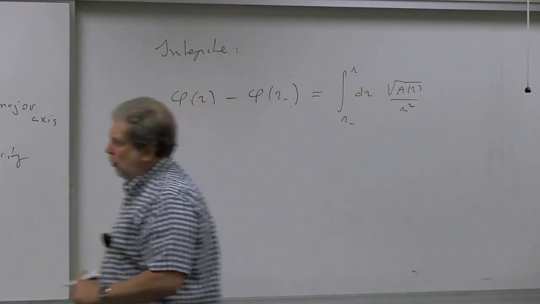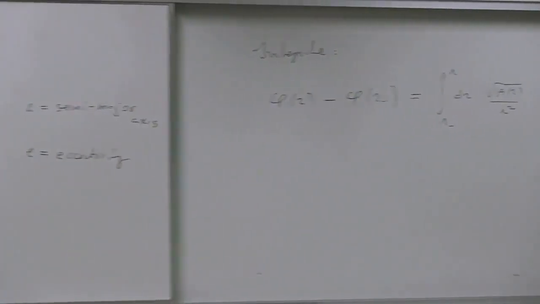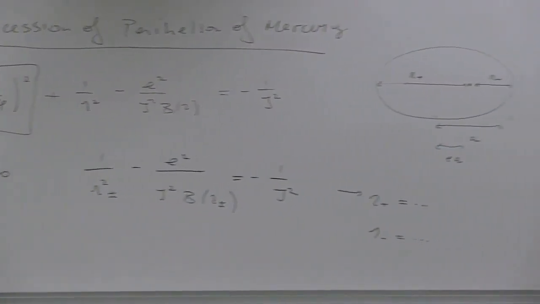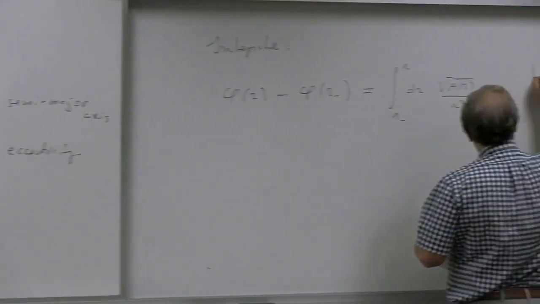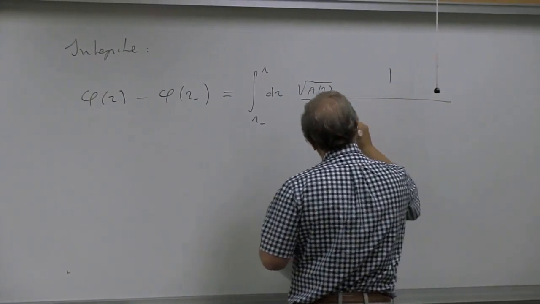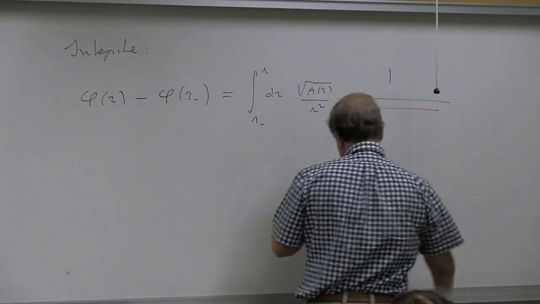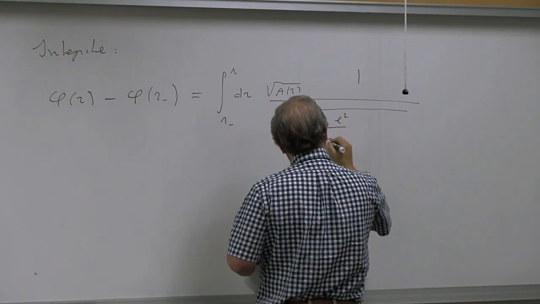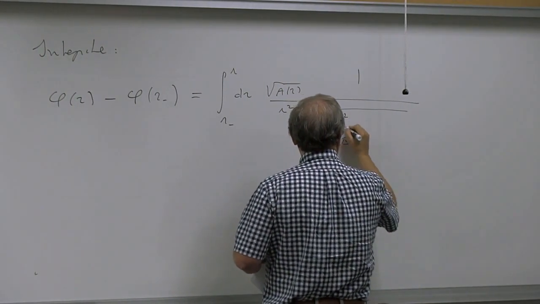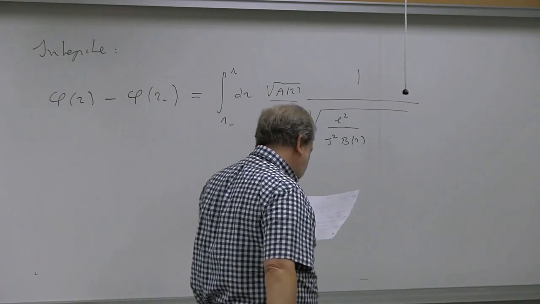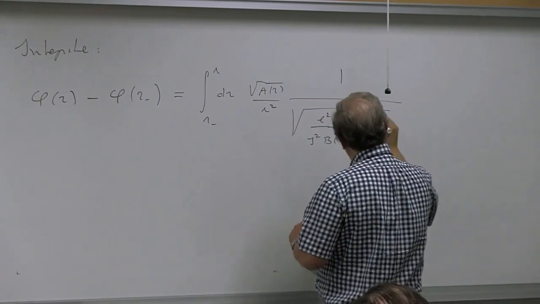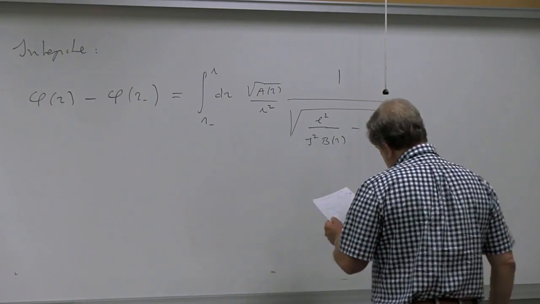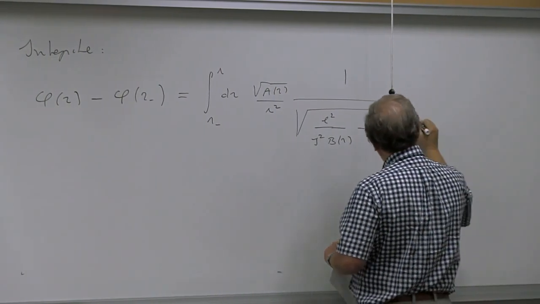That's just from this term that's being brought over to the other side, and then times 1 over some other square root: 1 over the square root of e squared divided by j squared b of r, minus 1 over j squared, and then minus 1 over r squared.